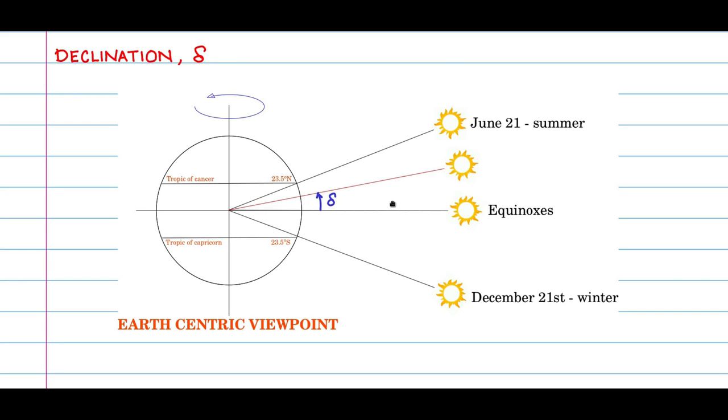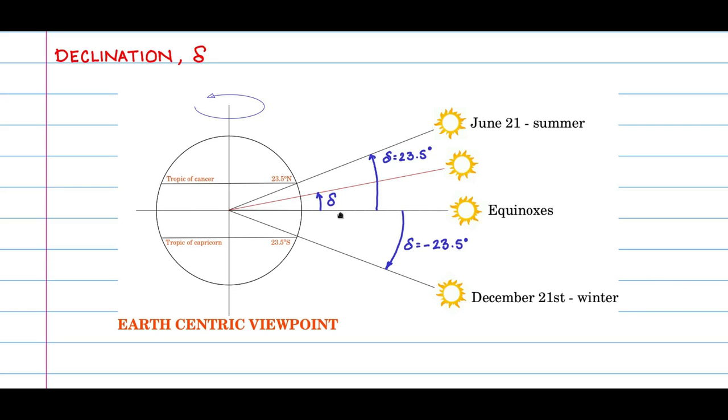It reaches a max value here, which is 23.5 degrees, and the min value will be corresponding to this, and that will be declination value of minus 23.5 degree, because it is going in the clockwise direction from the equatorial plane.